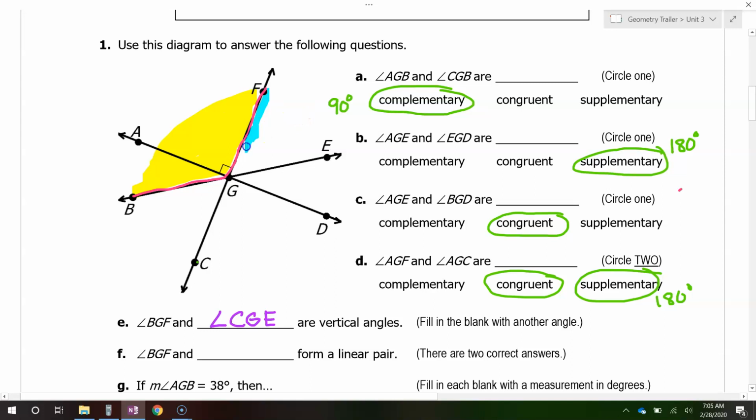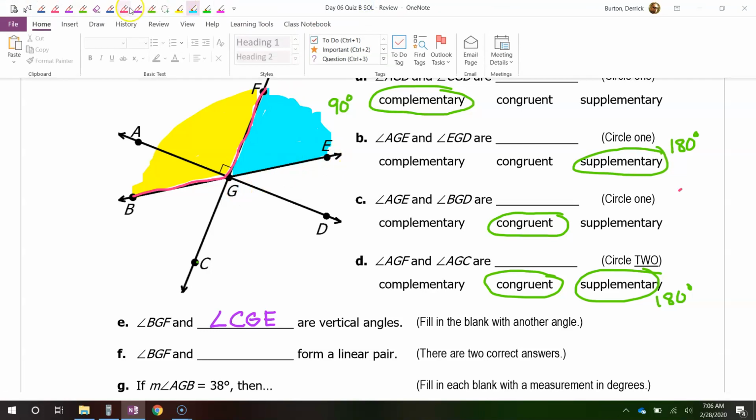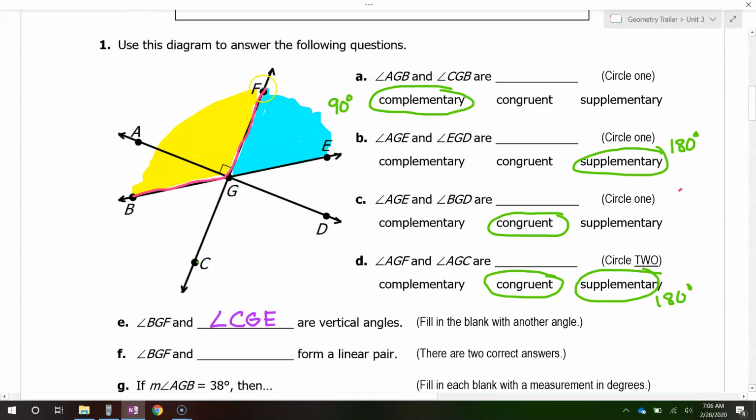So here's one possible answer. If I choose this angle right here, hopefully you can see that together these two angles make a straight line. Okay, so that means one possible answer is angle FGE, all right? Because a linear pair makes a straight line.